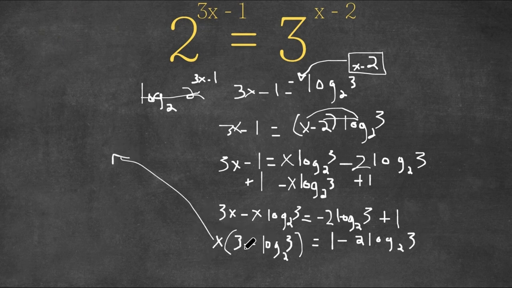So now we're going to divide by 3 minus log subscript 2 of 3 so we can isolate x.